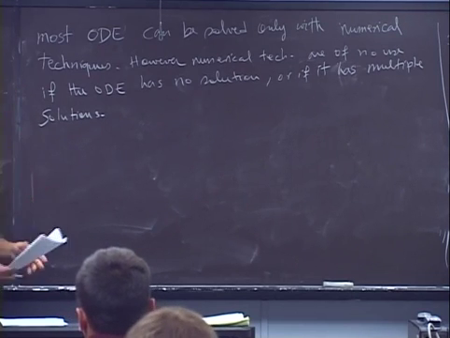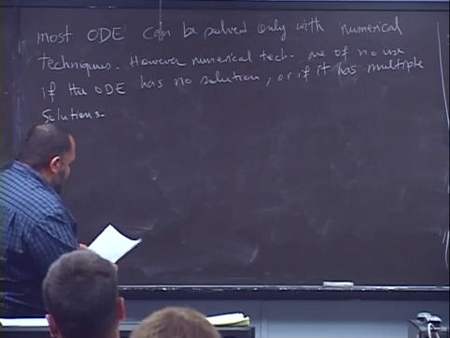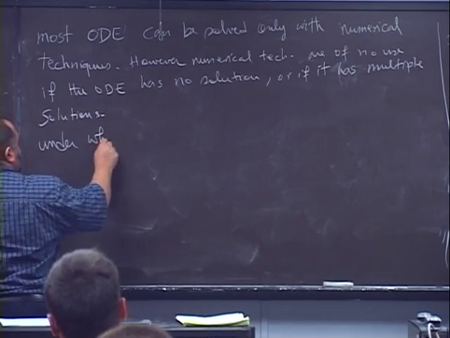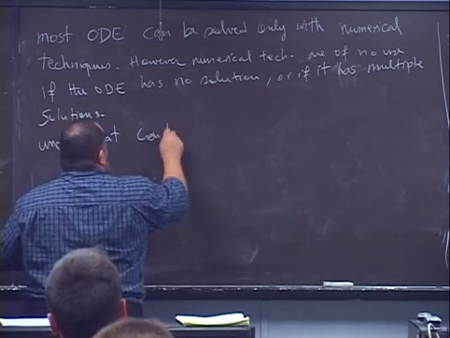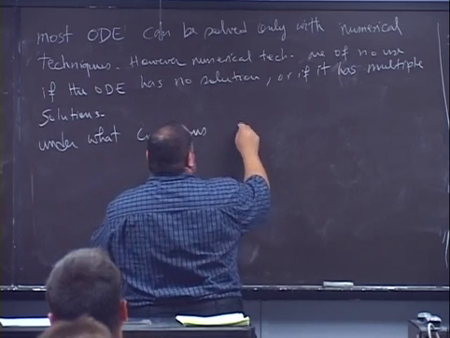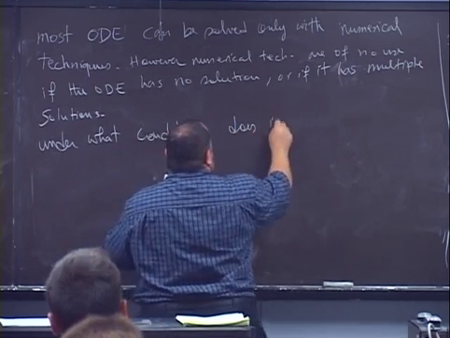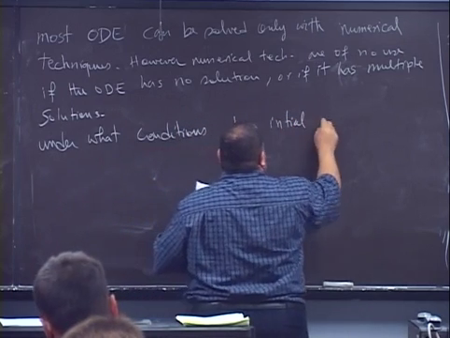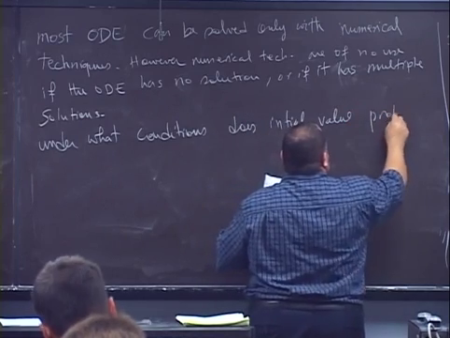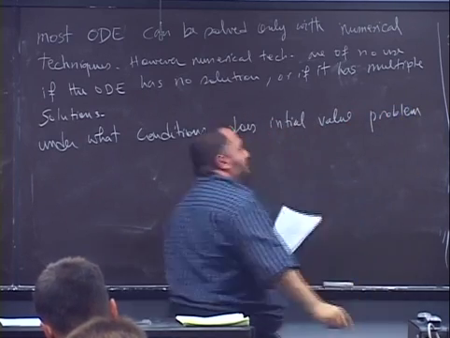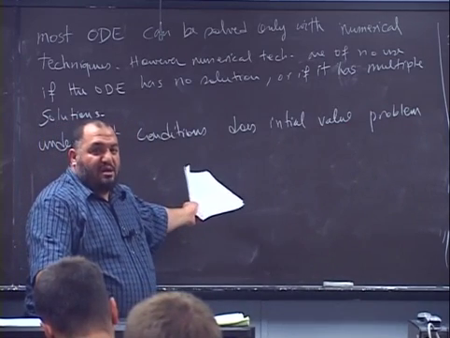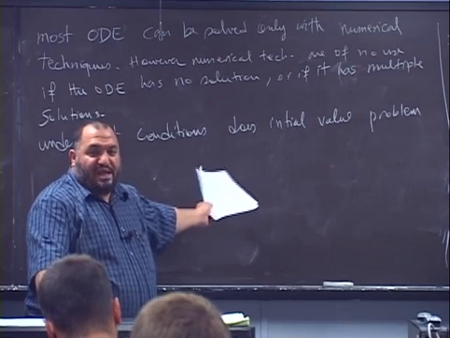So we have to look for this, and we see under what conditions does the initial value problem, and again guys, when we say initial value problem or boundary value problem, it means that the ODE has an initial value.